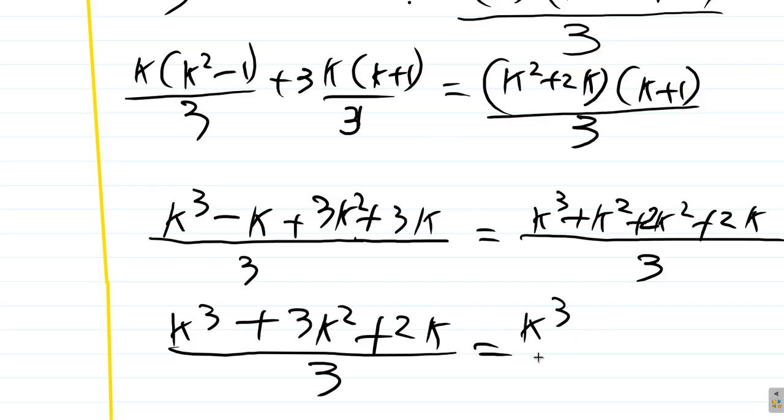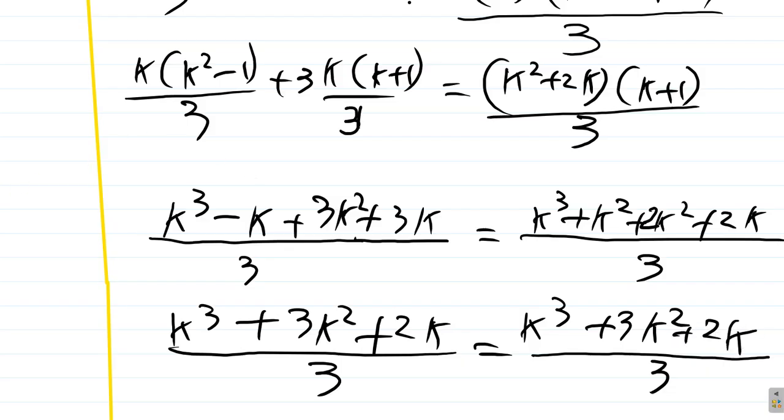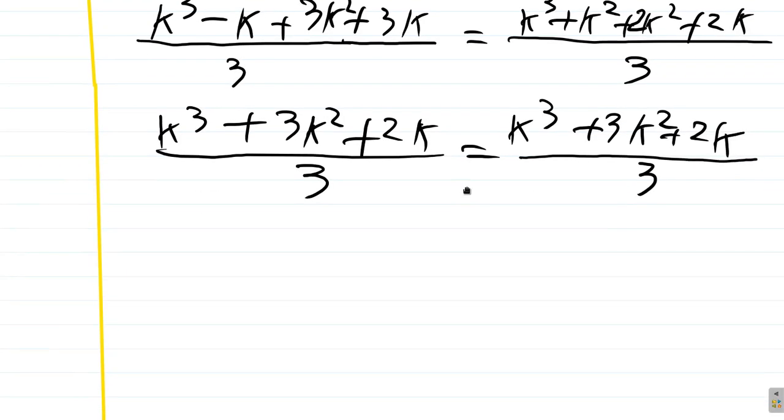So now, this will be all over 3, but what is it? k squared plus 2k squared gives you 3k squared. And then you have the plus 2k. Alright, so as you see, the left hand side and the right hand side are showing the same thing. So you say, not shown, it's proved. But they ask you to prove it. So that is that, it's proved.